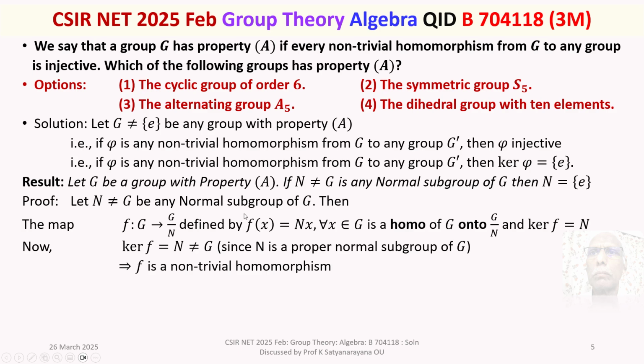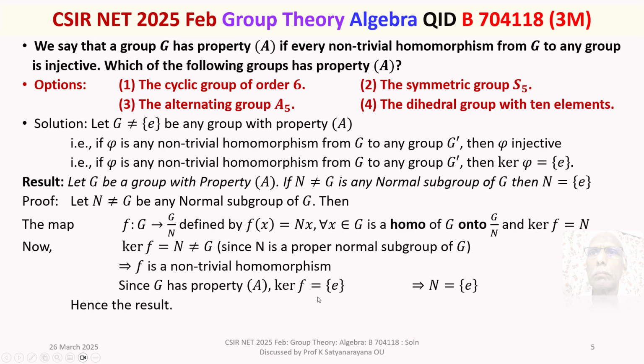Thus, we are getting into the property A. Now, since G has property A, the kernel of f must be the singleton E. So, this will imply that N must be E. Right. So, hence the result.